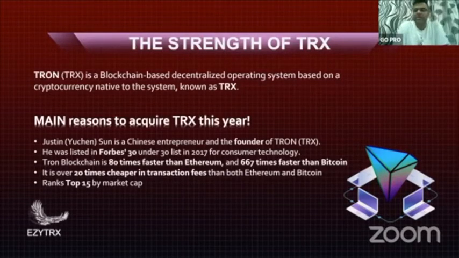So it does have a fair share of the market volume as well. So there's a lot of investors that do like this particular currency. It did hit about 25 cents, and now it's under 3 cents. So if you look at it from the perspective of long-term growth, I think Tron would probably be one of the coins that can maybe double or triple. So whatever you make in the next 3 to 6 months, you might also get a double or triple bonus onto whatever you make.